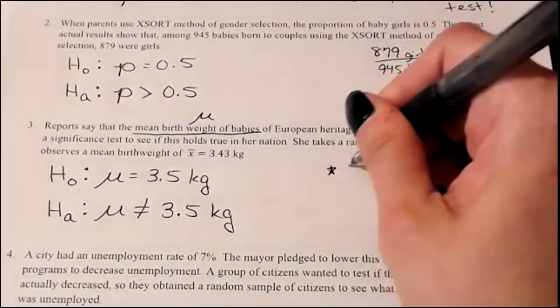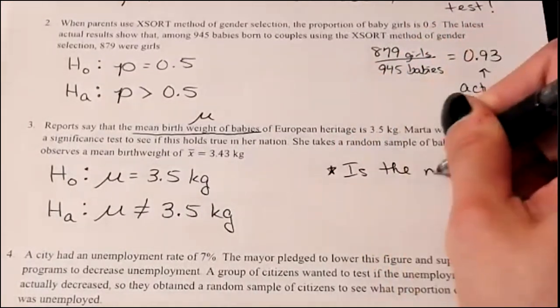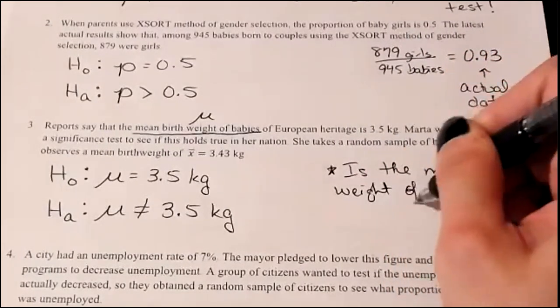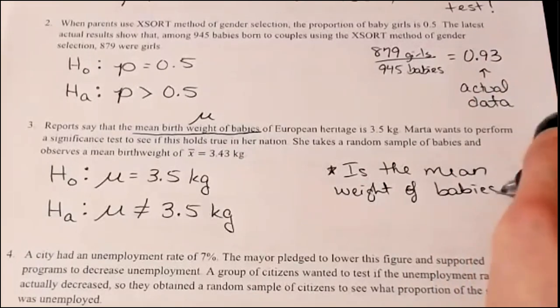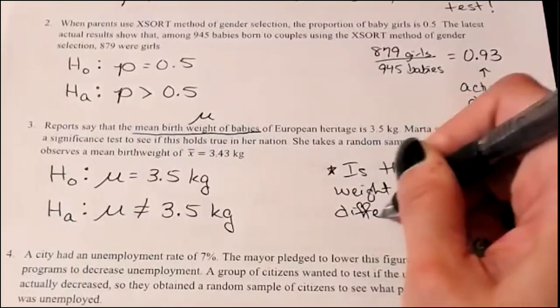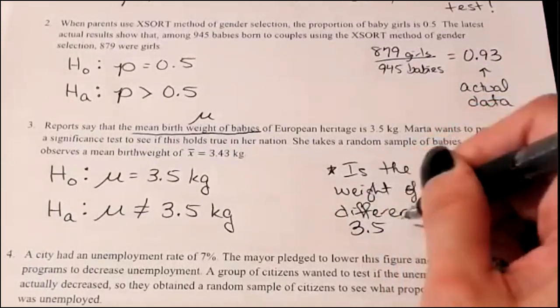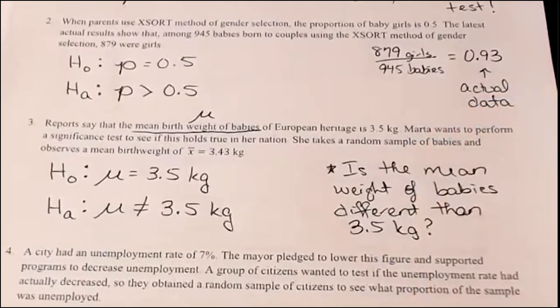And it may help if I write down, is the mean weight of babies different than 3.5 kilograms? We want to investigate what's actually happening here. That one sample did show it was less, but how do we know if we don't take another sample, if it's greater or what's going on, right? So we want to be safe and say, is it different?